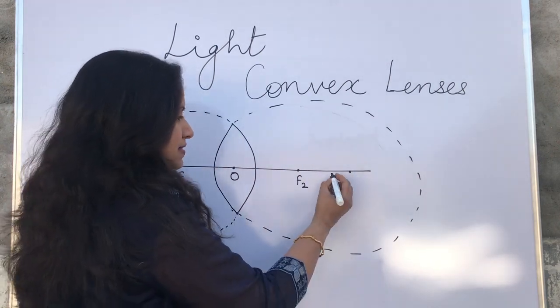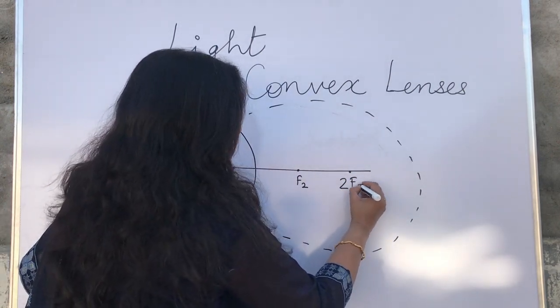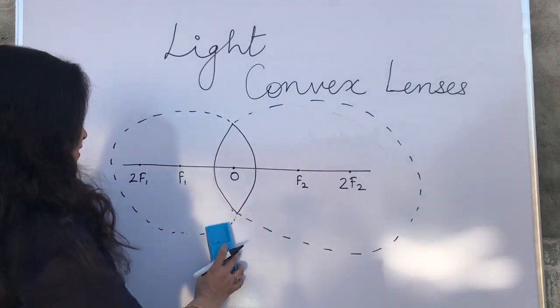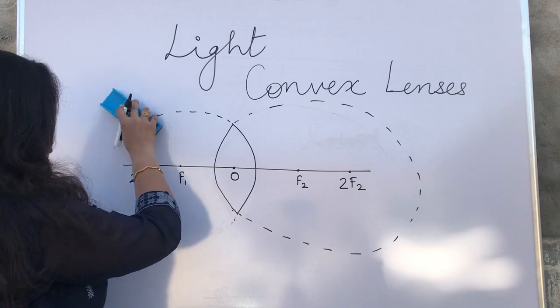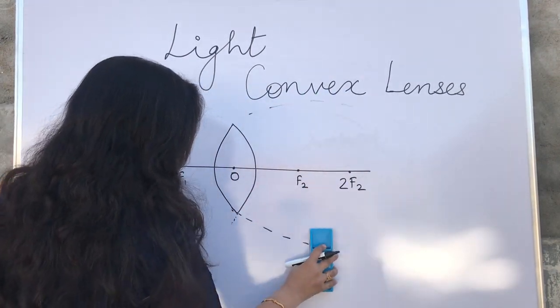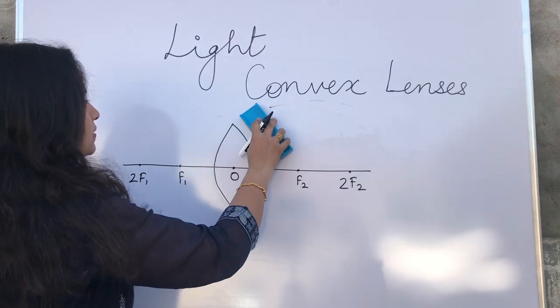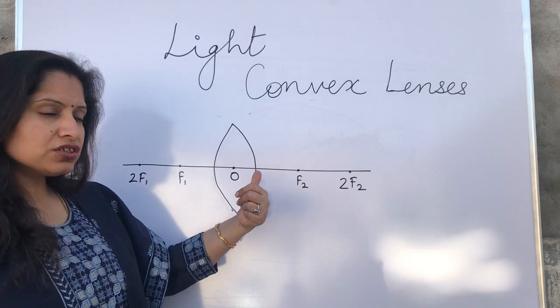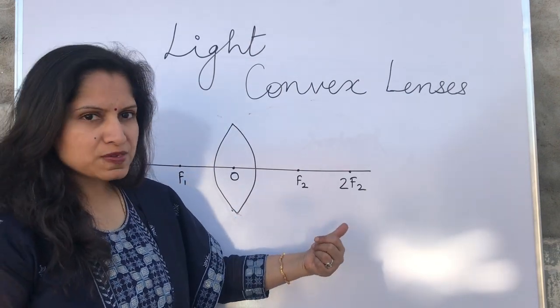It could be represented by C2, or we usually represent it by 2F2. 2F2 and 2F1 are the centers from which these spherical structures have been obtained. This is the principal axis that is passing through the optical center as well as both the focus points.